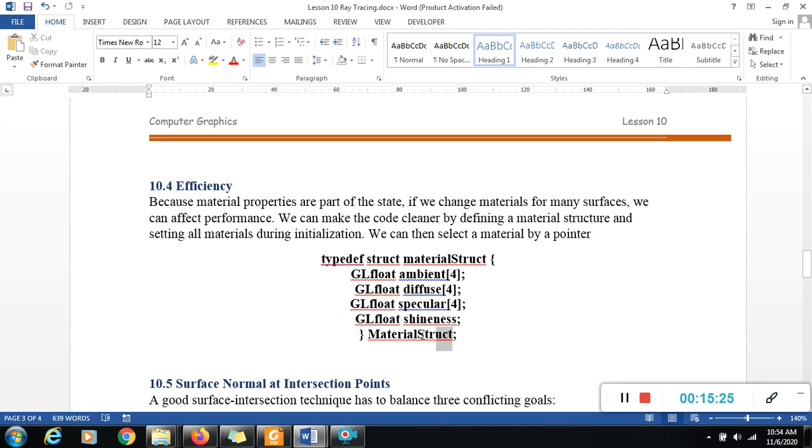This is what we call the object in programming. In this case we call it a variable of this structure. Now the ambient, the diffuse, the specular are defined using arrays of 4.